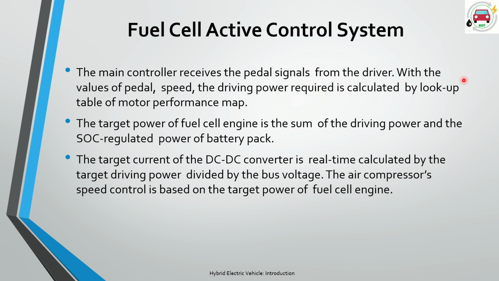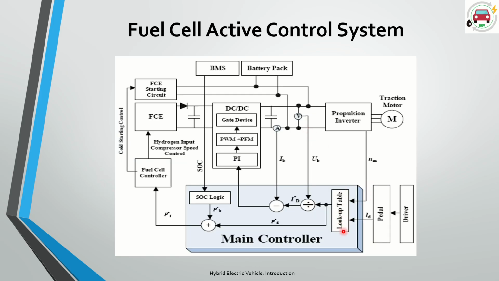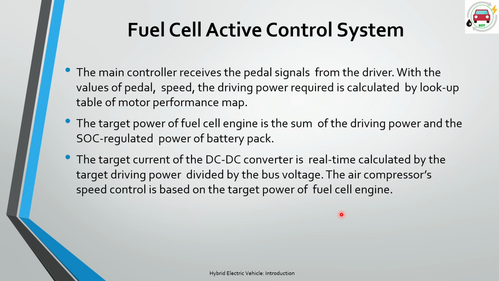right, as we have already discussed, from the driver, with the values of pedal speed and driving power required, and that is calculated, okay, by the lookup table of motor performance, as we can see here. So whatever the acceleration speed and whatever the instruction is given, it is checked over here in the lookup table, right?